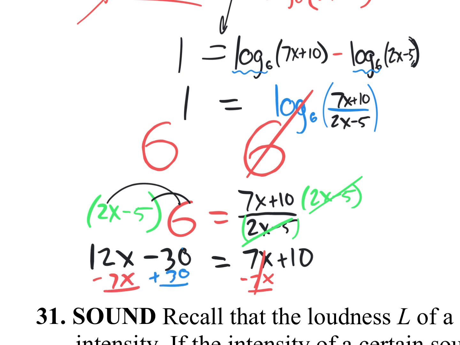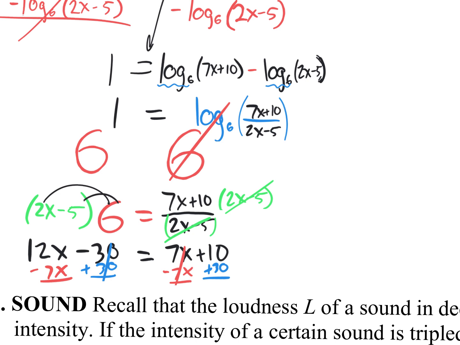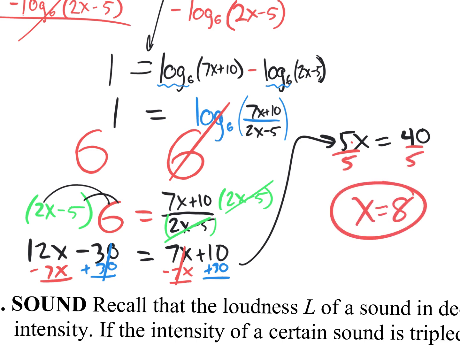I want to add 30 and move it to the right. So what we're going to end up with is 12 take away 7 is 5x. 5x equals 10 plus 30 is 40. 5x equals 40. Divide by 5, x equals 8.